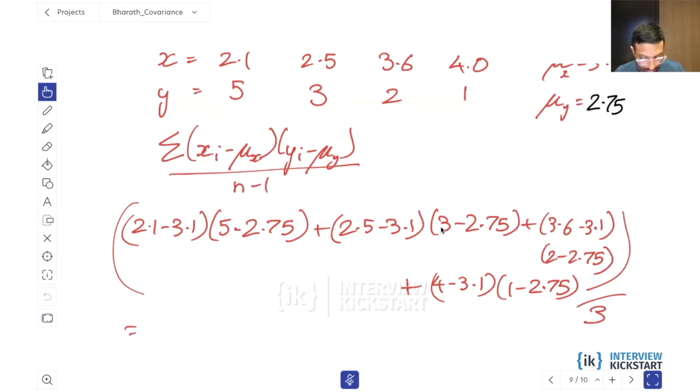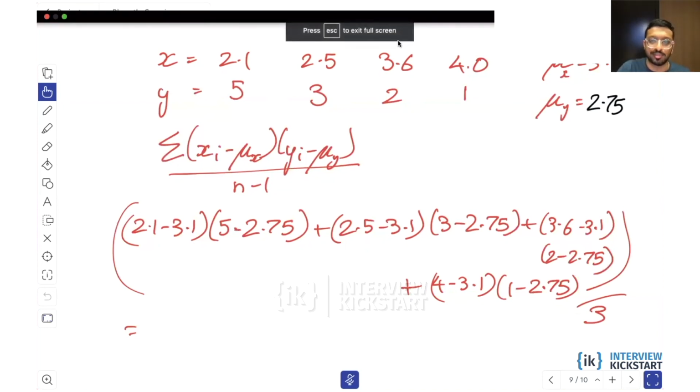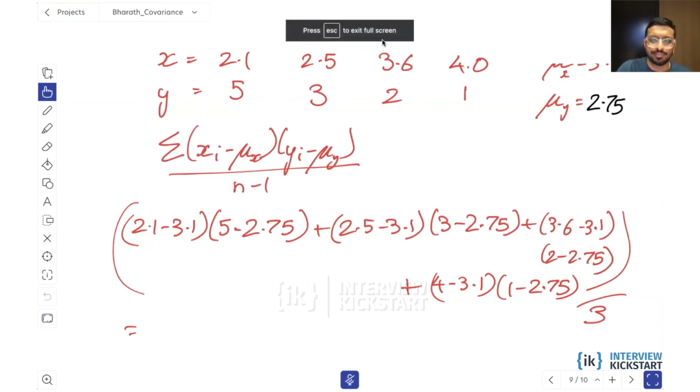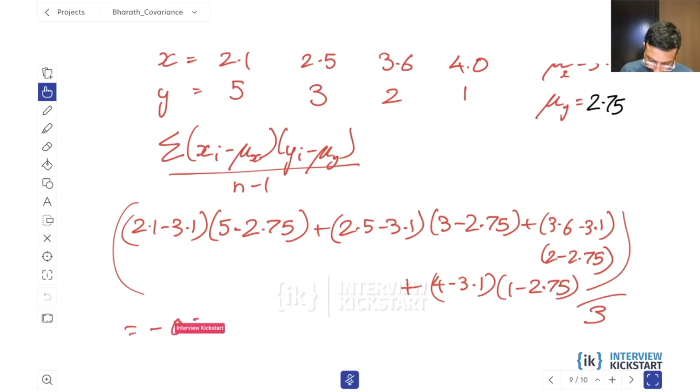I am just going to use a calculator for this. So let me just pause this recording. Feel free to pause it as well, but I am going to calculate this and then I'll put the answer. Okay, so the answer that we got was negative 0.7625.